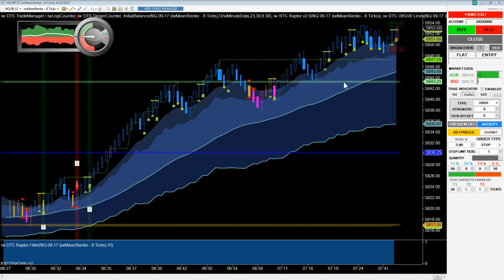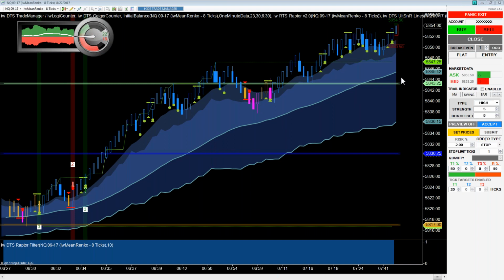They could just spend the rest of the session going sideways, although I think we are definitely due for a little bit of a retracement here. We have been bullish since the open, so about an hour and a half, although you can't really call what's been going on here for the last half hour, 45 minutes, really bullish.